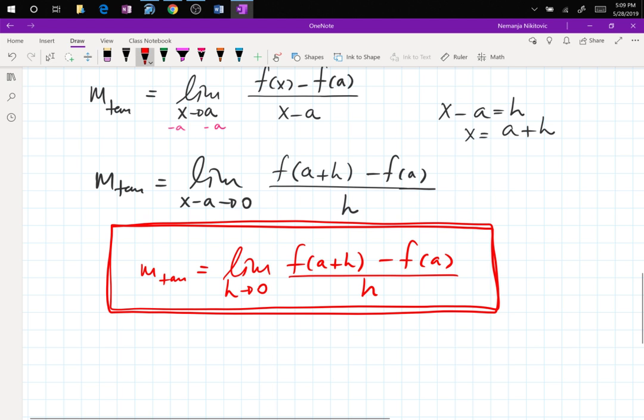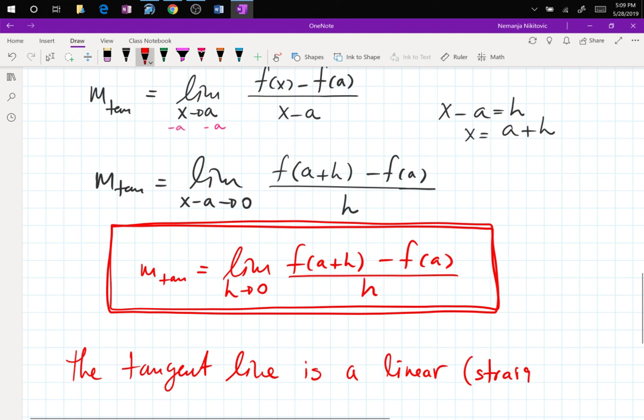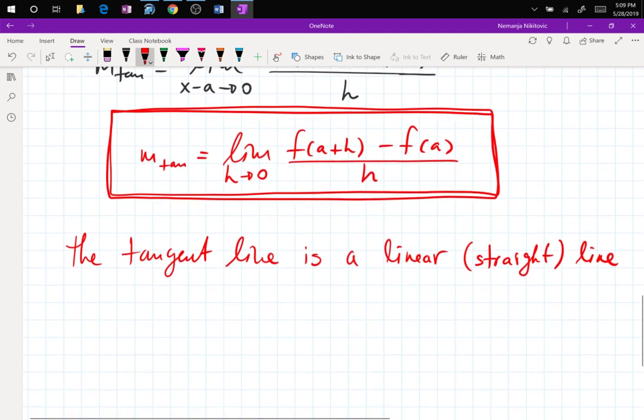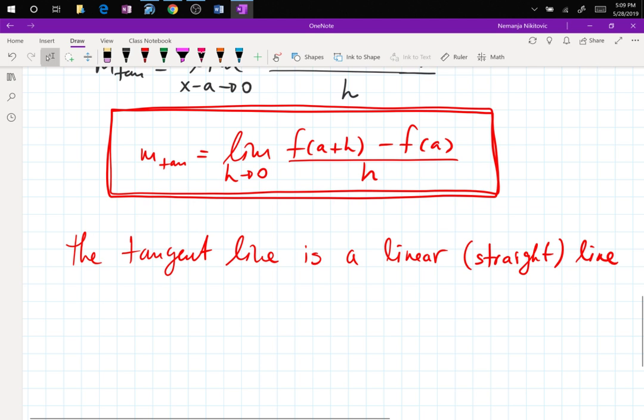So now, the tangent line is a linear straight line.